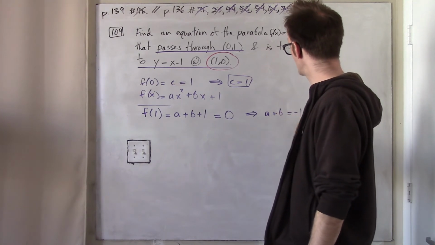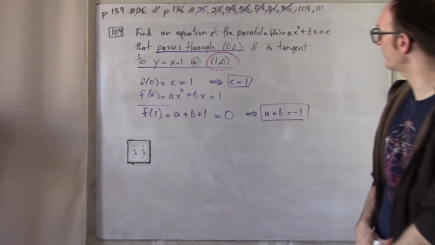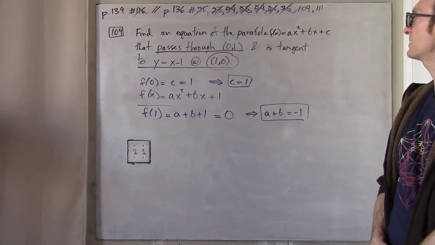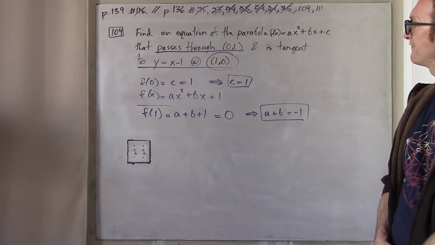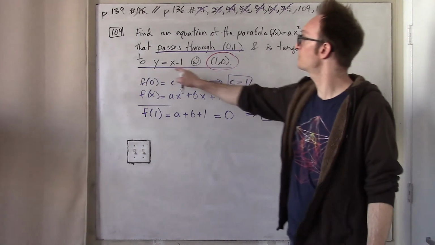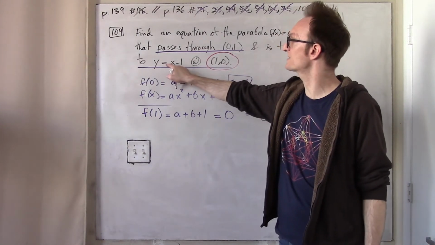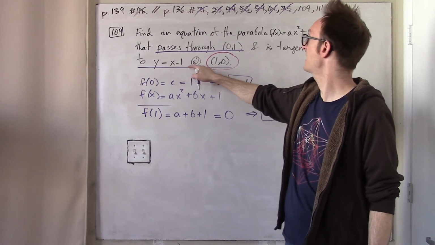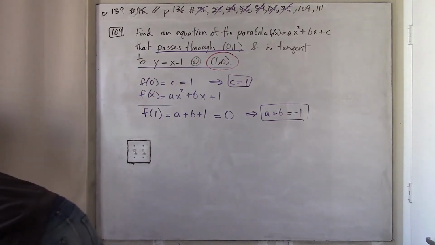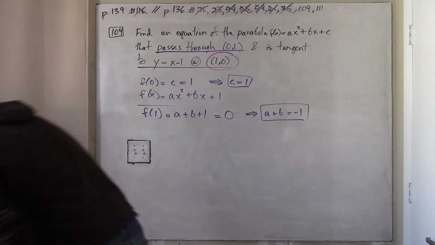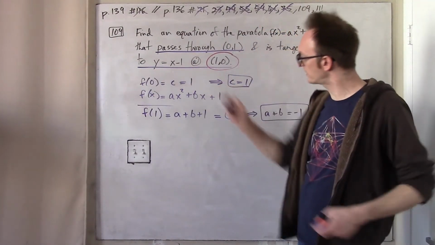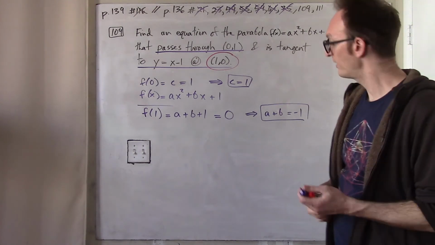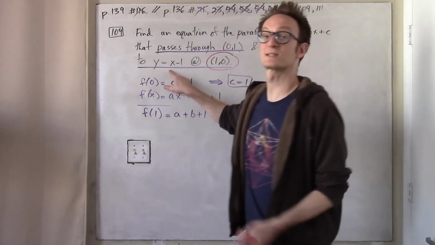So, is there some more information that's going to help me find out what a and b are? Yes, there's some calculus. The calculus is that this parabola is tangent to the line y equals x minus 1 at 1, 0. Is that how they phrase it? Yeah. So the line y equals x minus 1 is the tangent line to this curve at 1. Well, this line has slope 1.